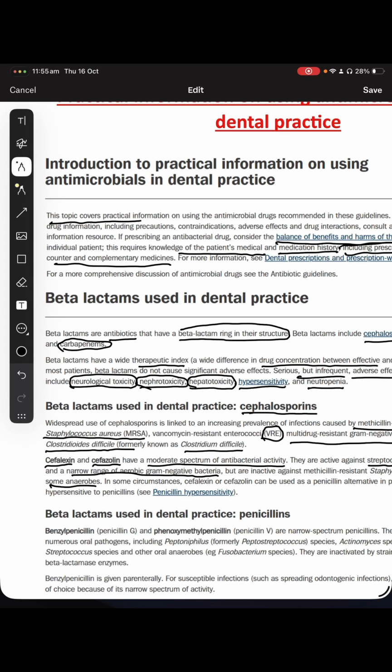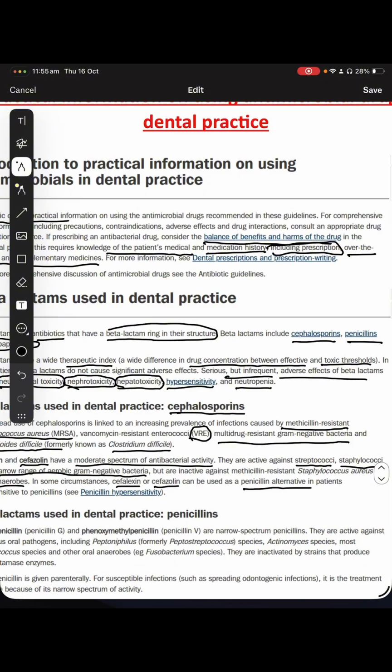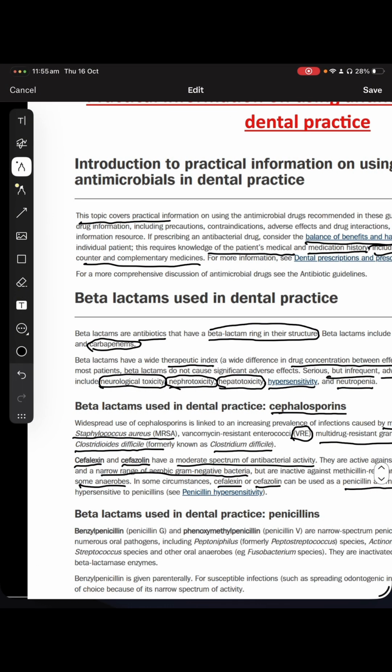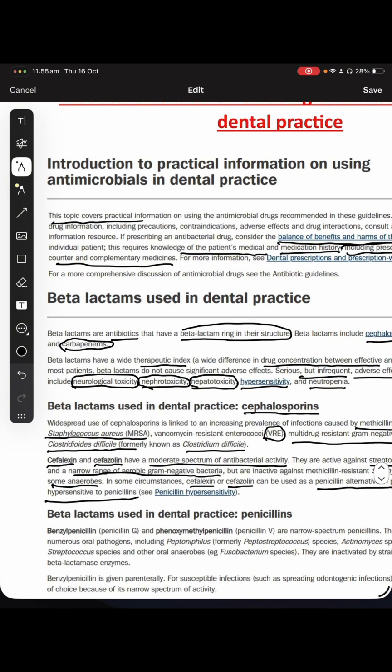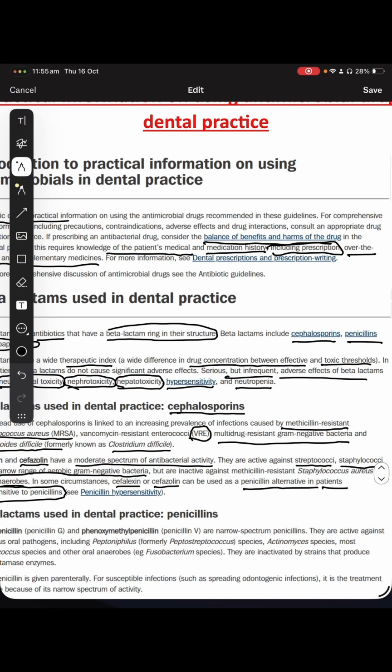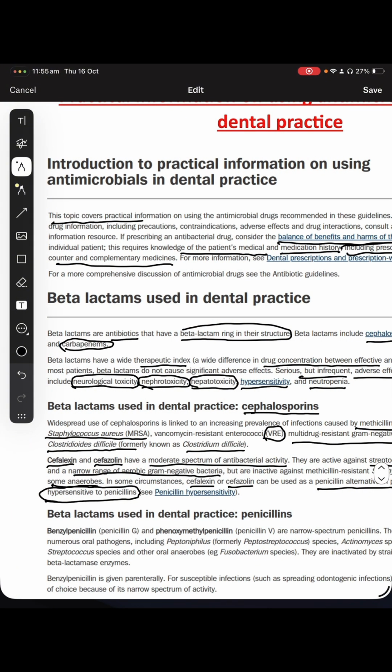In some circumstances, cephalexin or cefazolin can be used as a penicillin alternative in patients with hypersensitivity to penicillins. Okay? So we can use cephalexin or cefazolin as a penicillin alternative in patients hypersensitive to penicillins.